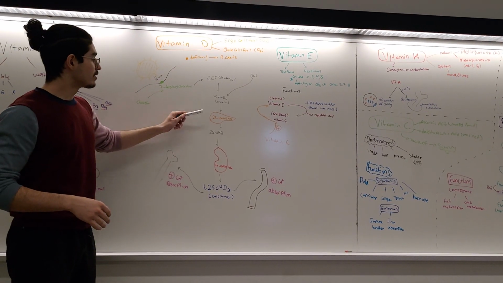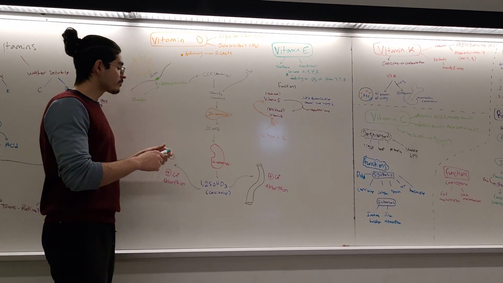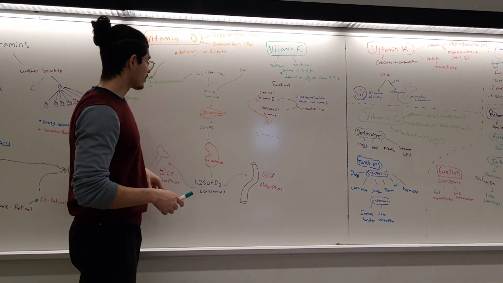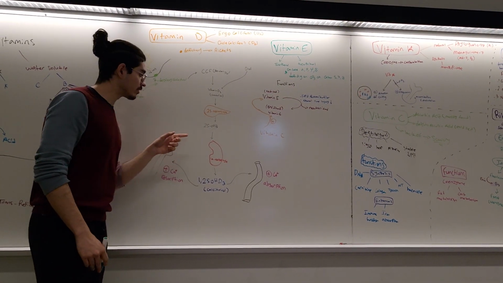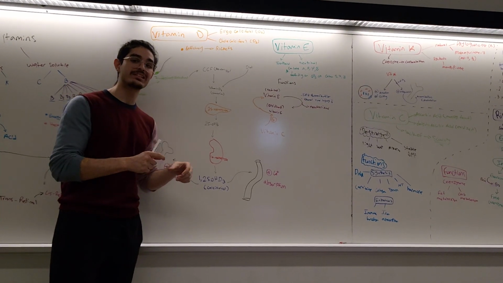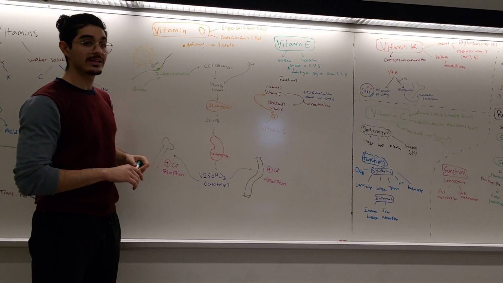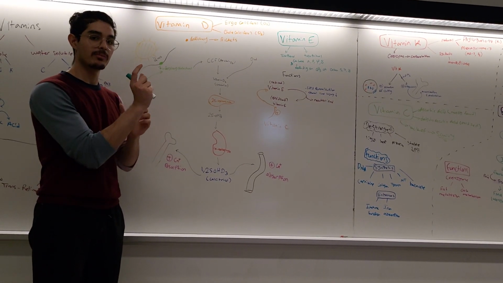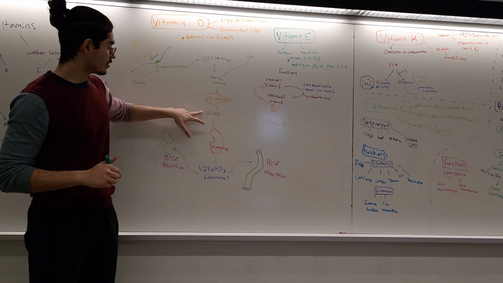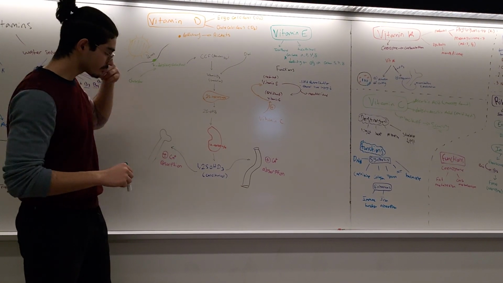And then pre-vitamin D3 will get turned into vitamin D3 in the circulation. Okay? After that, vitamin D3 will circulate to the liver. In the liver, it'll interact with a special enzyme called 25-hydroxylase. 25-hydroxylase would place a hydroxyl group on the 25th carbon, okay, and turn it into 25-hydroxy vitamin D3.